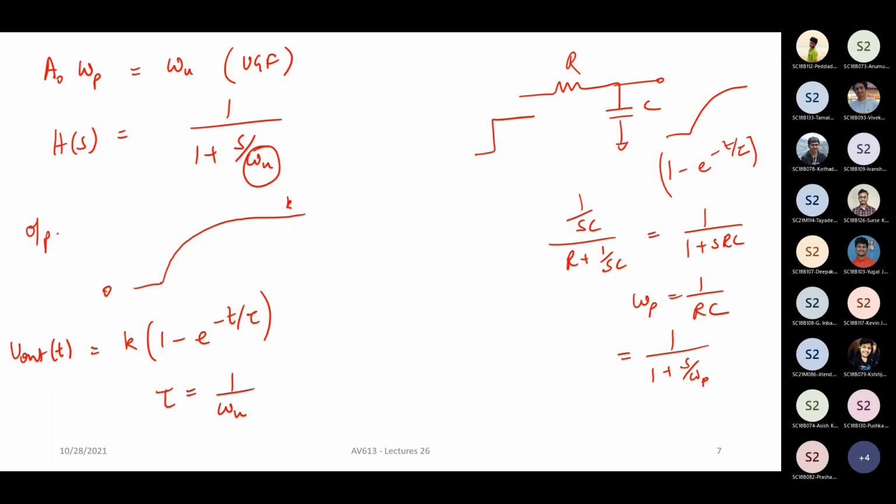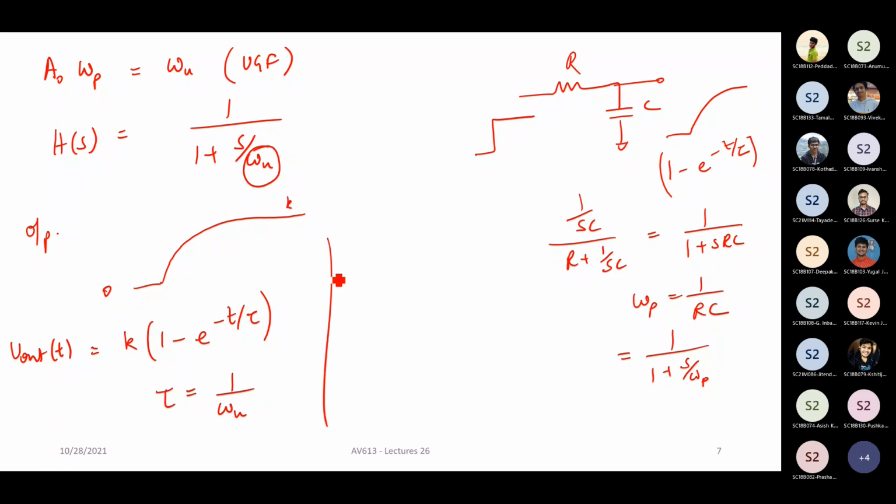When you talk about settling time of an op amp, as long as it is strictly a single pole system, you talk about the time constant of this system, and the time constant is nothing but 1 over omega u, and omega u is the unity gain frequency.